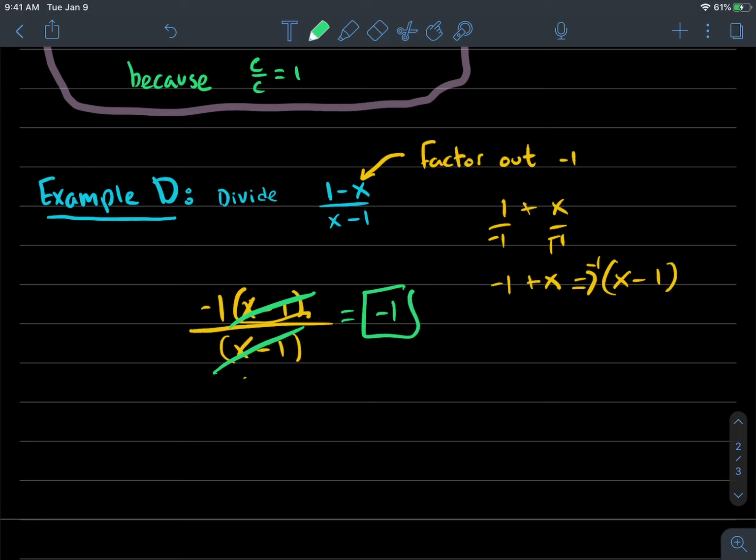And I know this is kind of confusing, so I'm going to go over it again. All right? So we have this 1 minus x. We factor out -1. So basically, we're switching the signs on all of this.